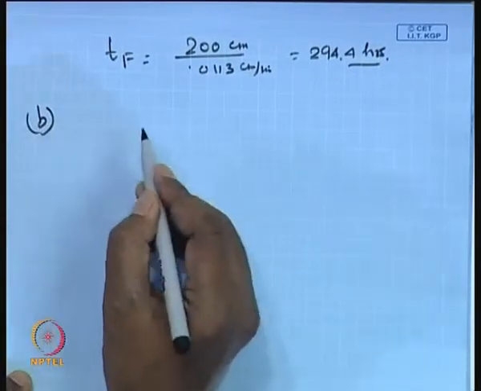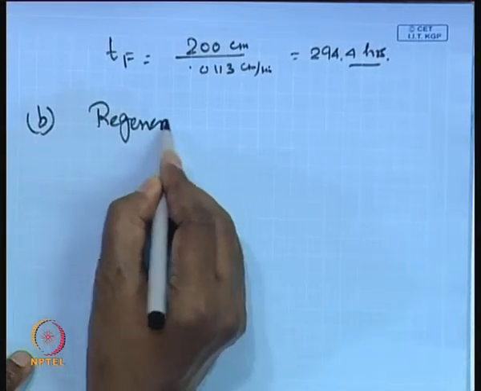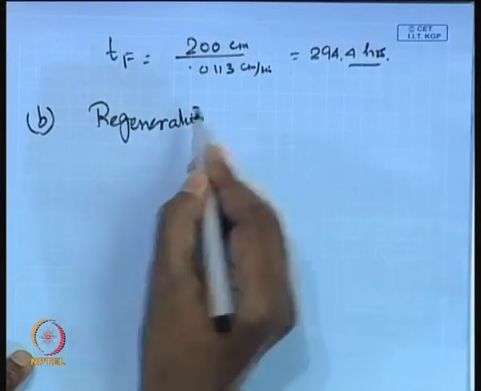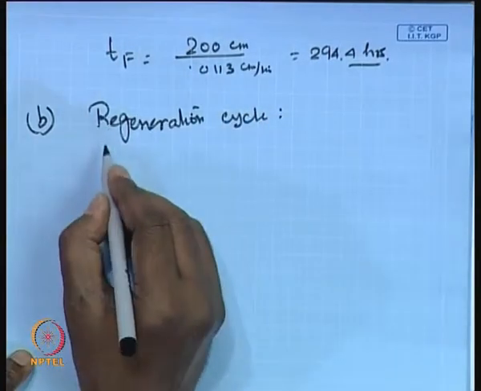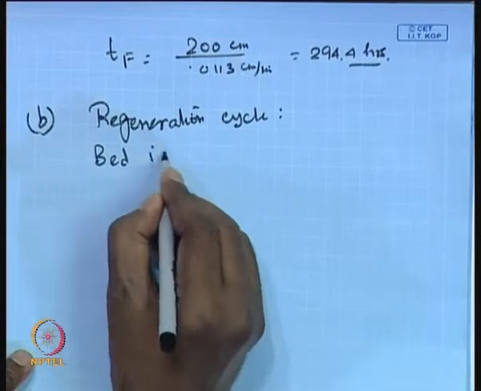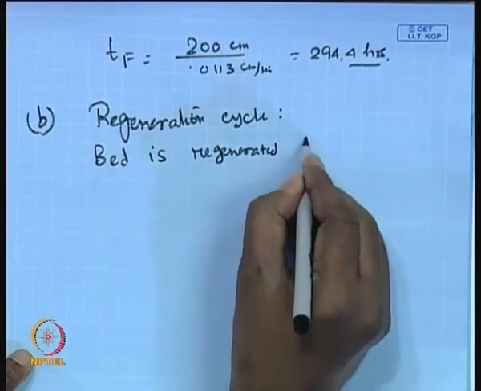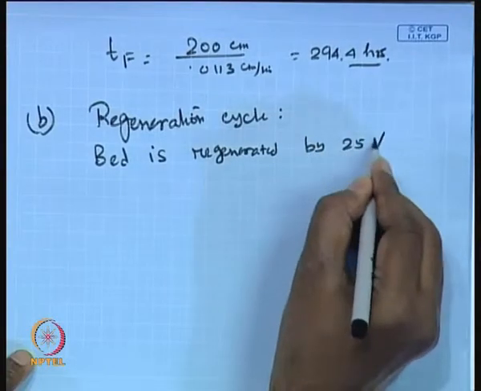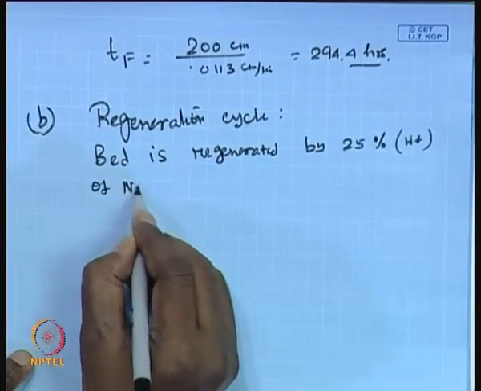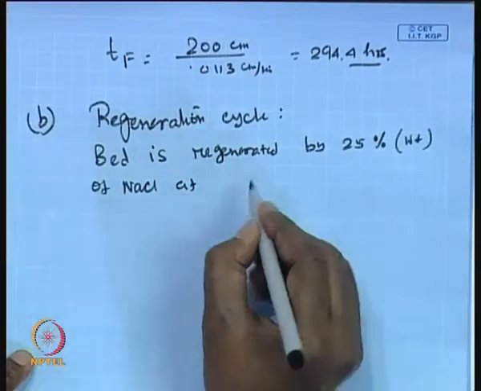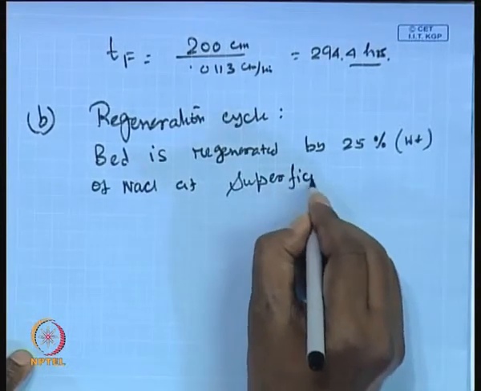Now, the second part will be the bed's regeneration cycle. Regeneration cycle: the bed is regenerated by 25% by weight of NaCl at a superficial velocity of 0.5 centimeter per minute.